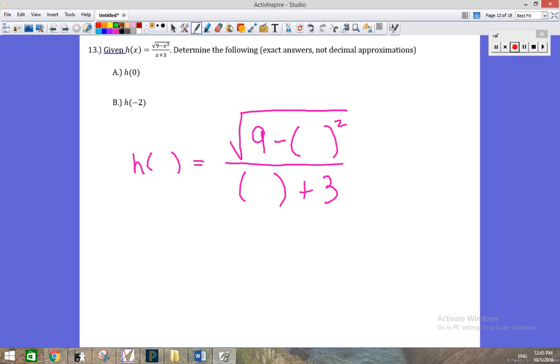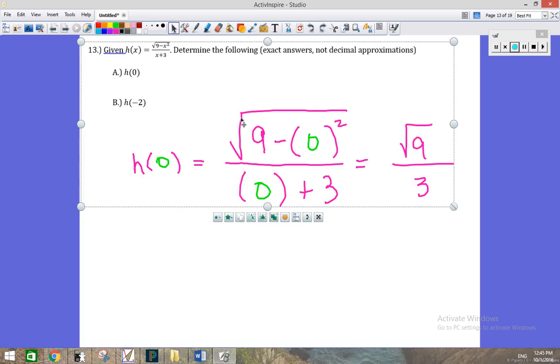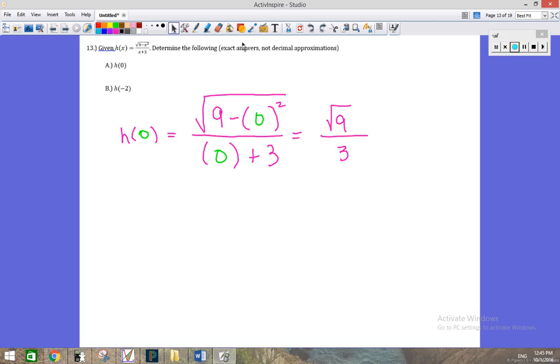So we're given the number 0, and we now just want to perform this arithmetic. In the denominator, 0 plus 3 is just 3. In the numerator, 9 minus 0 squared is just 9. The square root of 9 is 3, and 3 divided by 3 is 1. So we know that h evaluated at 0 is equal to 1.